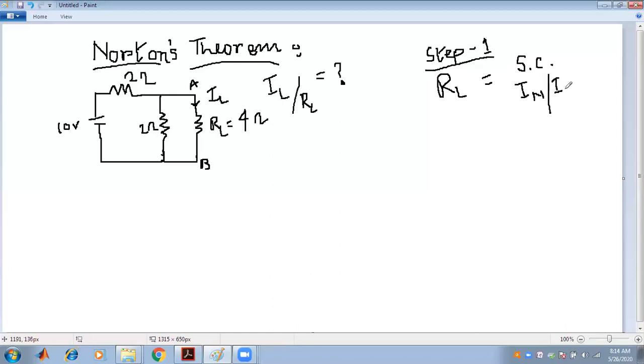This is the first thing we have to measure. The first step is to short circuit RL, through which we have to measure the current. So how will we approach? This is our 10 volt, 2 ohm.